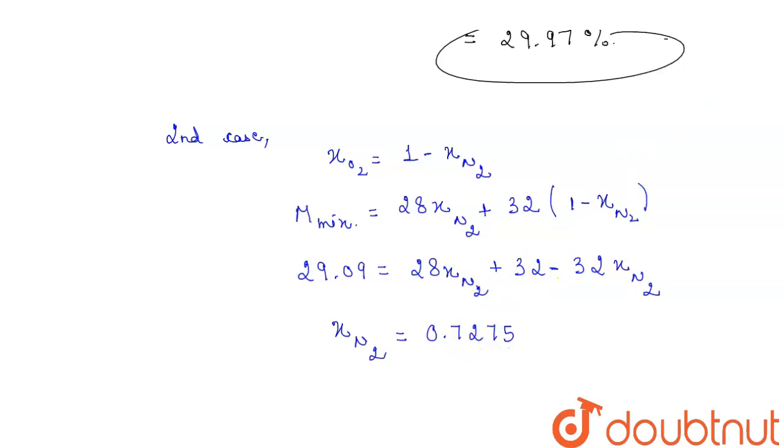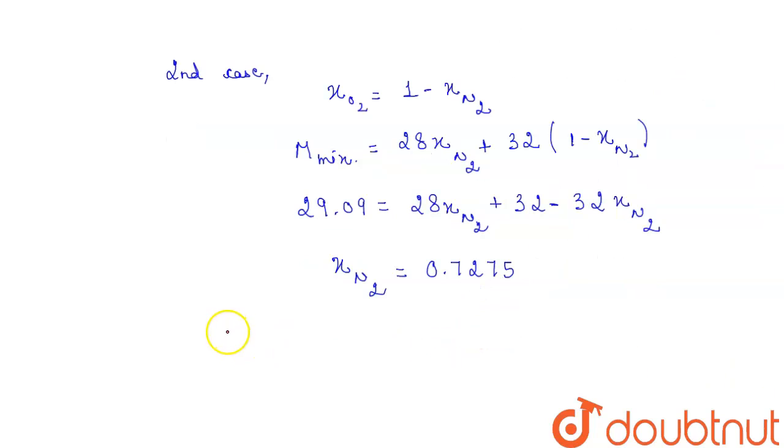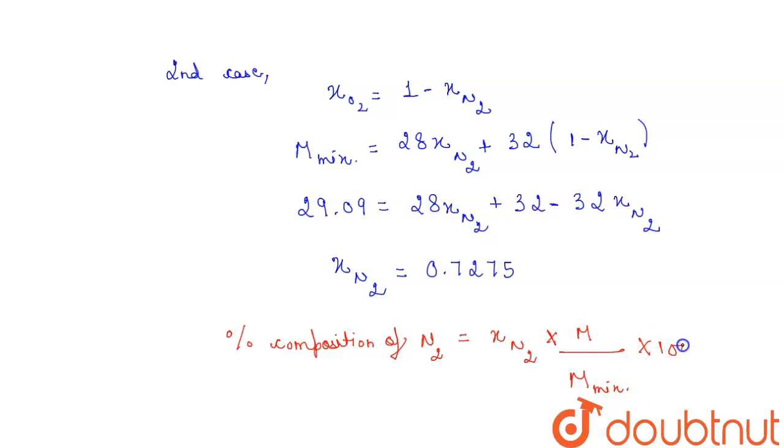0.7275. Now the percentage composition of N2 in the mixture will be the mole fraction of N2 into its molecular mass divided by the mass of the mixture into 100.